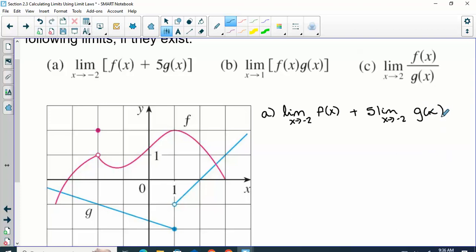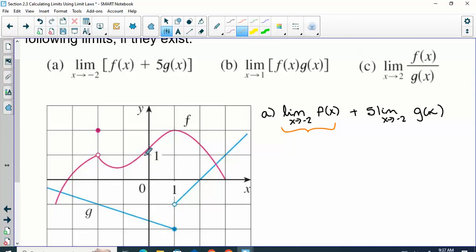And this is also the beginning of a long battle between me and those of you who don't like to show work. You have to write the limit. Okay, you cannot leave that off. Up until the point when we calculate a limit, we have to include that notation. Now, we can find these things. The limit as x approaches negative 2 of f of x. So I'm looking, f is my pink graph.